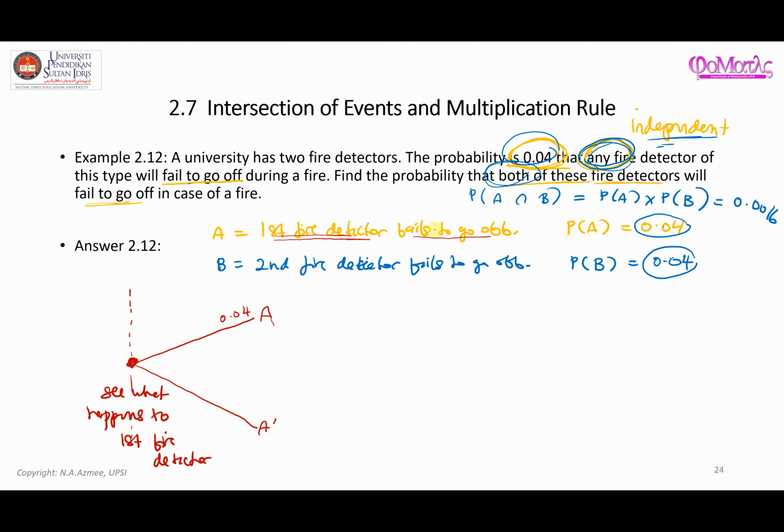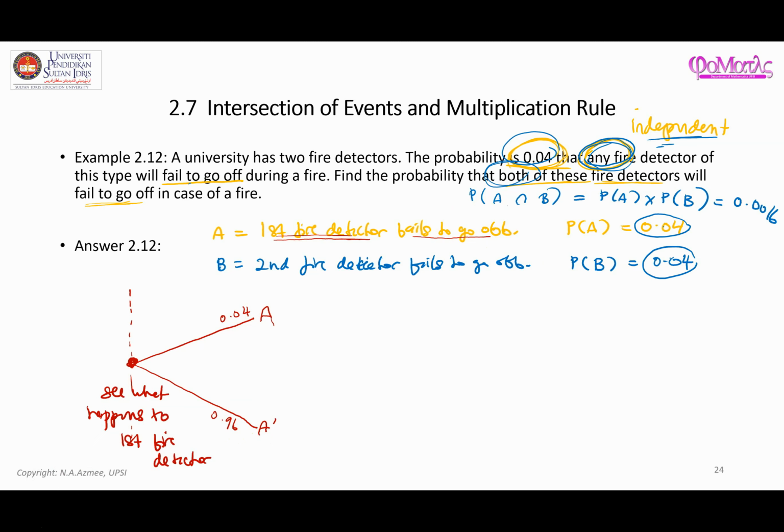That means it works. Therefore, the probability here is 0.96. It is a complementary event, so the probability is 1 minus 0.04, which gives you 0.96. So that's the process. We see what happens to the first fire detector.